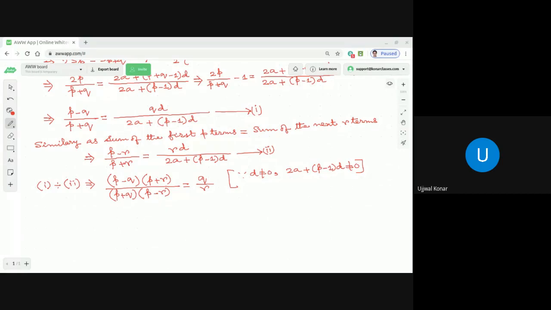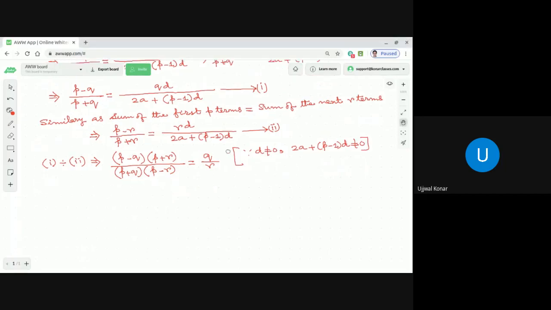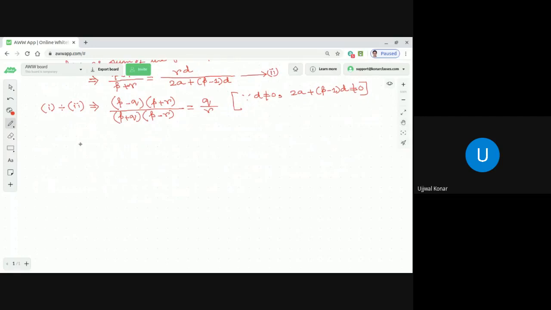So from here, what are we going to write, dear students? From here we are going to get, this implies P minus Q into P plus R divided by P plus Q into P minus R. Correct?